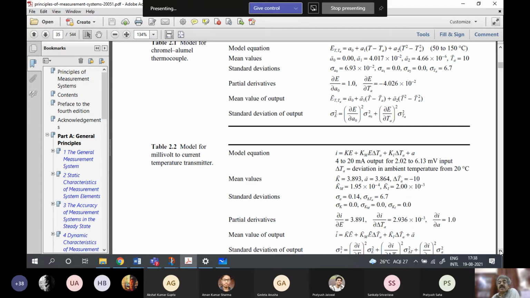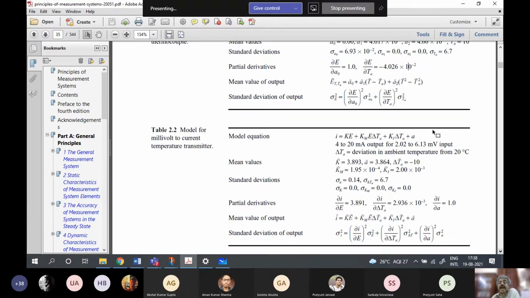So this is exactly the same thing they have calculated for a typical measurement system, right? So this is a thermocouple. The thermocouple is taking temperature and producing a small millivolt output. Now, what will you do with this millivolt output?